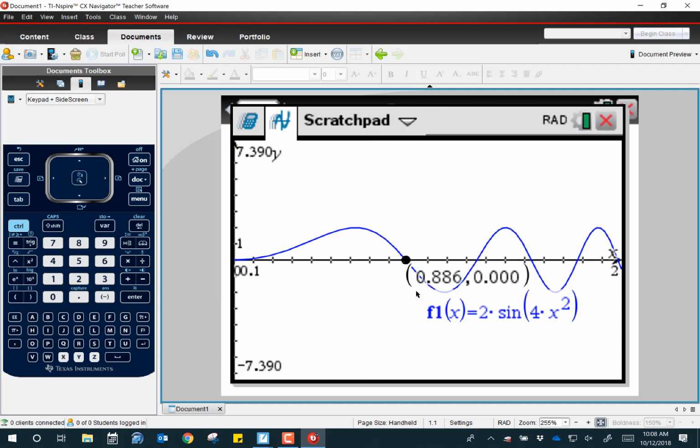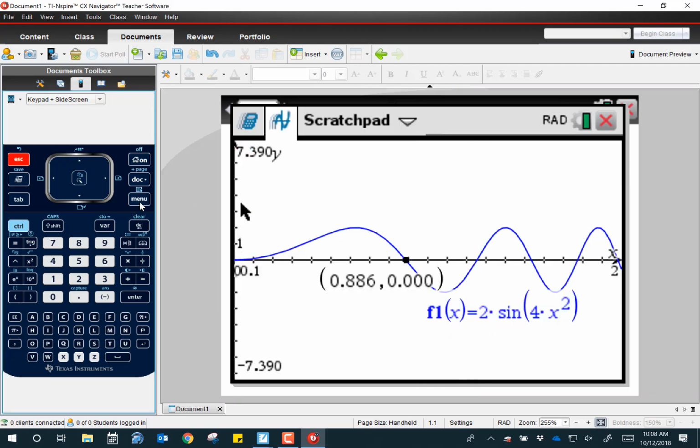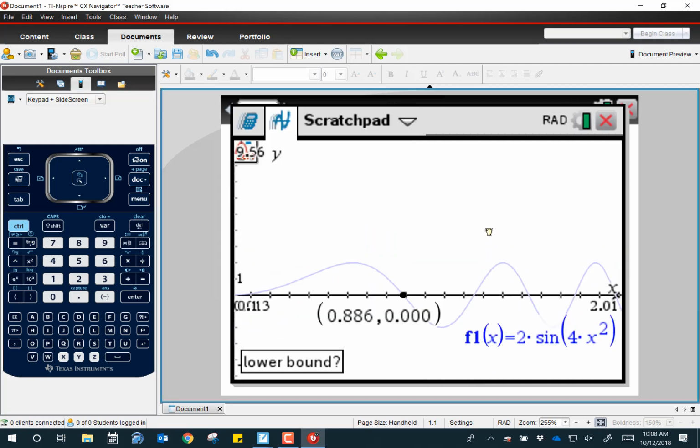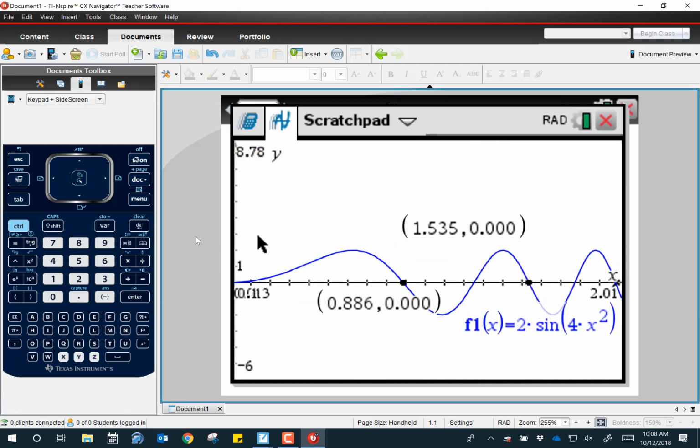I see my first one right there at 0.86. Then here. And this is the danger of just going from 0 to 2. You can see here that it actually crosses as well.